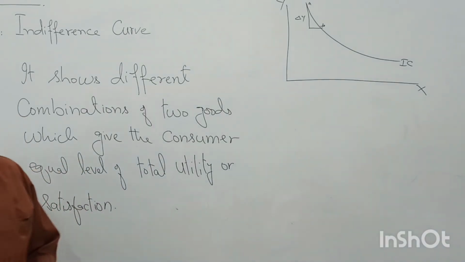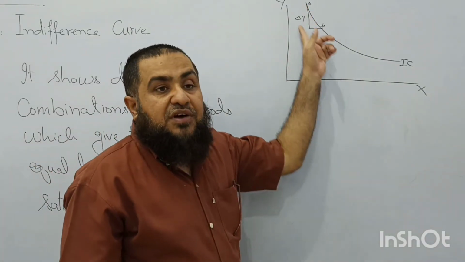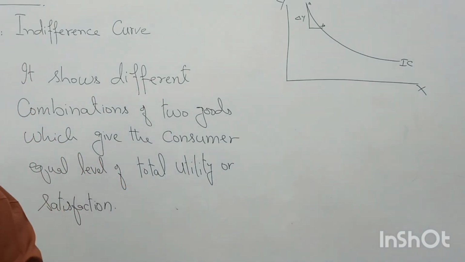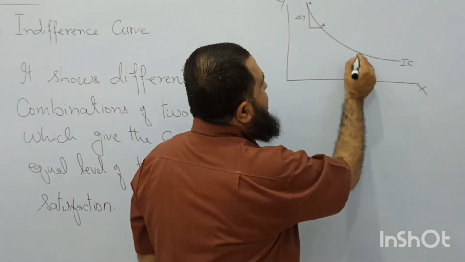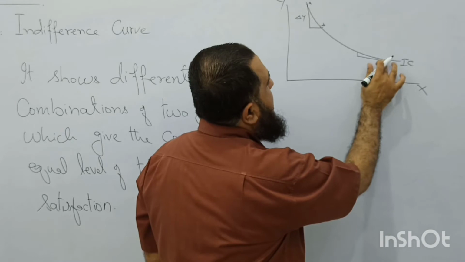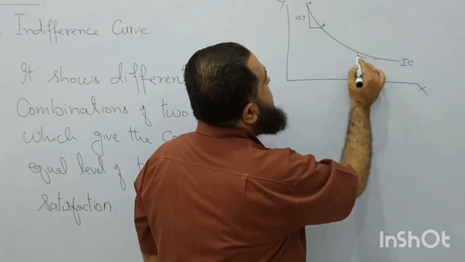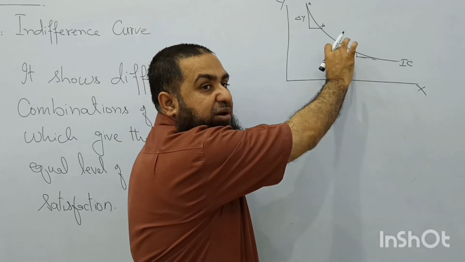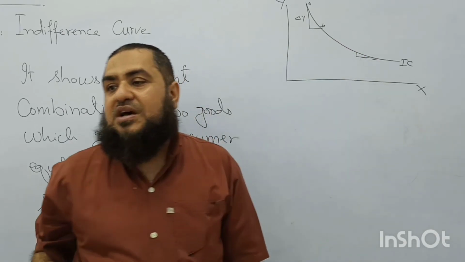This is what he is doing. He is substituting Y with X. Do you think this rate of substitution remains the same along the indifference curve? No. What is happening? If you see over here, now the consumer is getting more X by giving up less of Y.